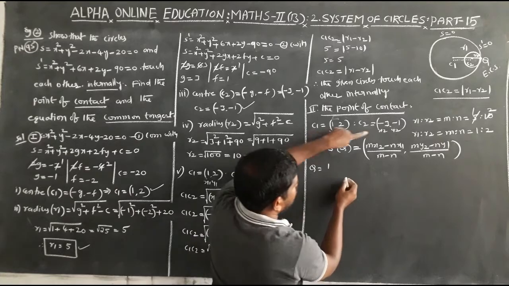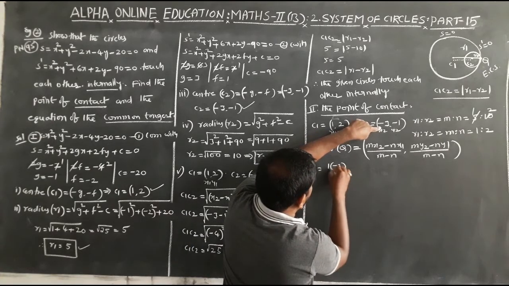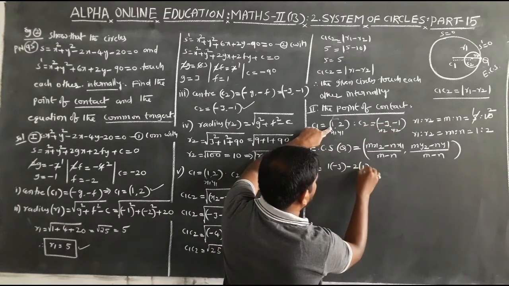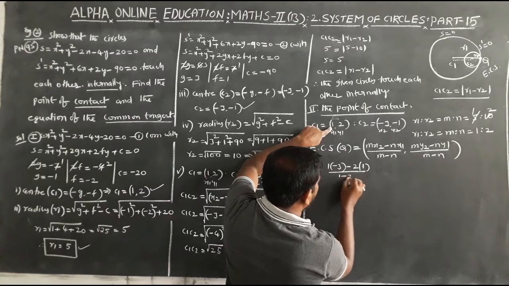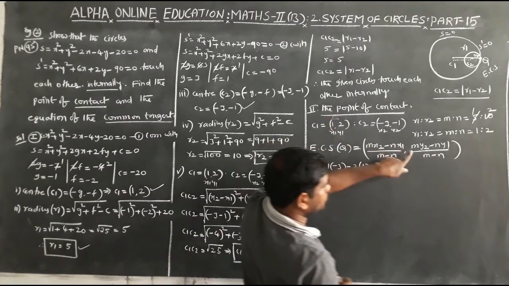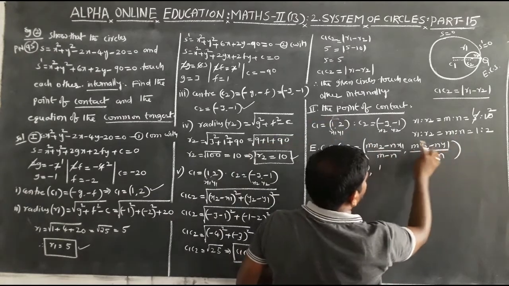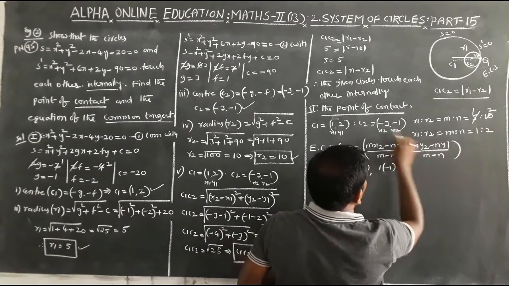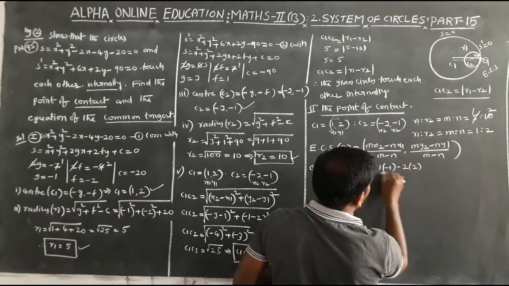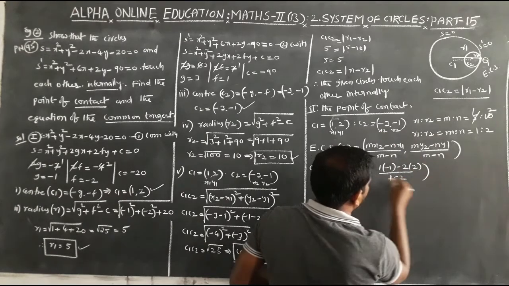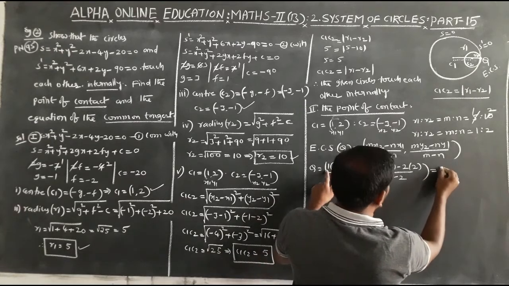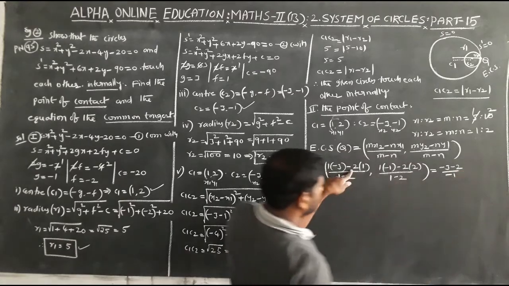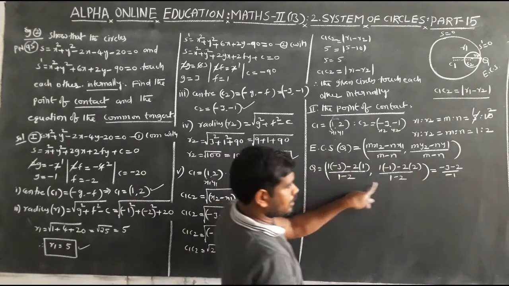Substituting: (1 into minus 3 minus 2 into 1) by (1 minus 2), comma (1 into minus 1 minus 2 into 2) by (1 minus 2).